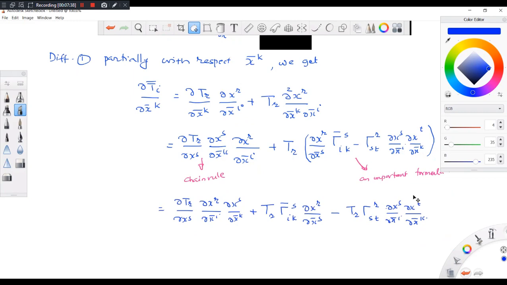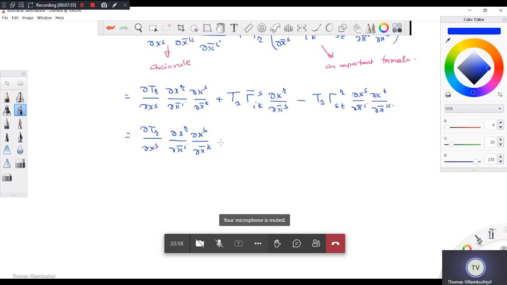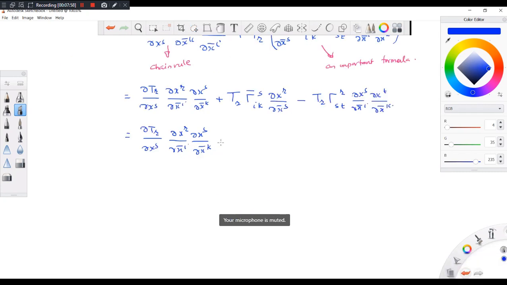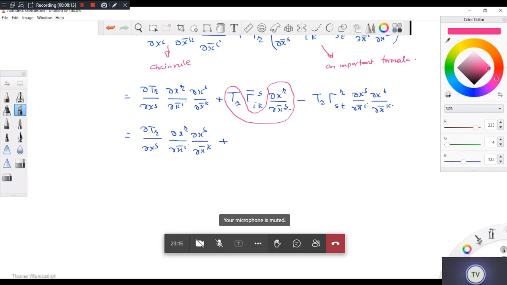Now this is equal to del T r by del x s, I am not making any change in this and this. Now let me take this together: T r into del x r by del x bar s.